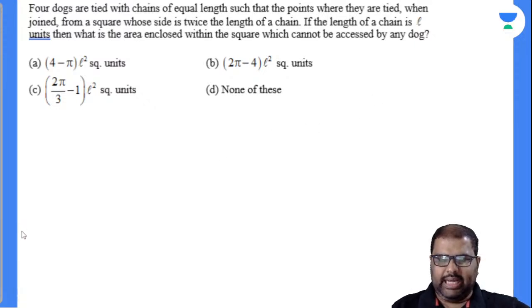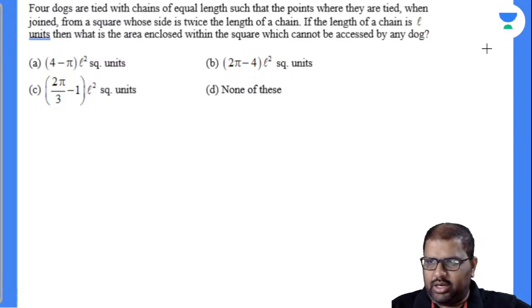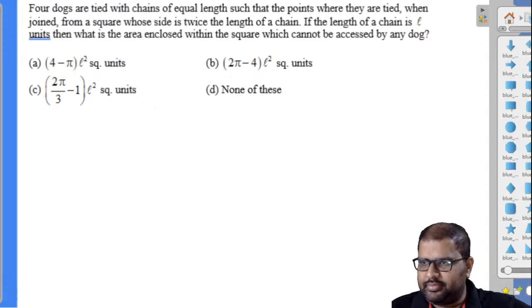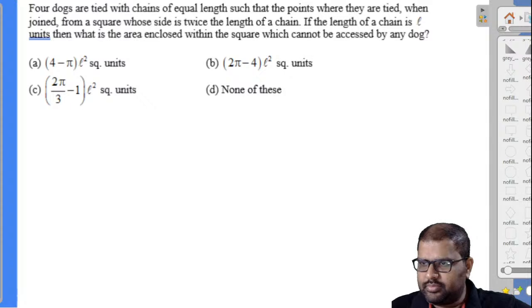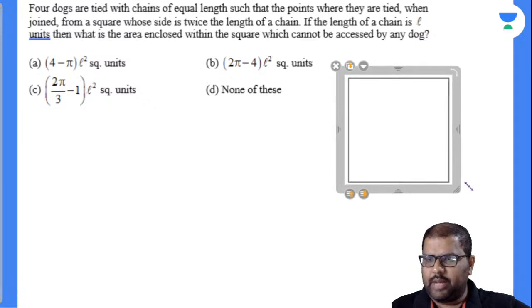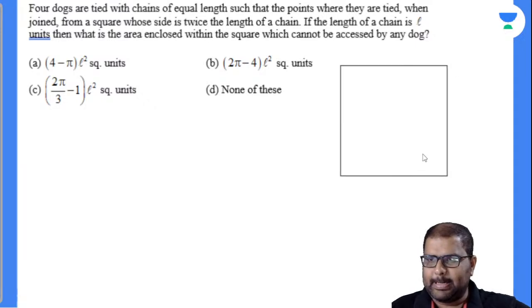4 dogs are tied with chains of equal length such that the points where they are tied, when joined, form a square whose side is twice the length of a chain. So I'll draw the final shape, then we can get clarity. See here, a square is formed. Am I right or wrong? Yes, a square is formed.